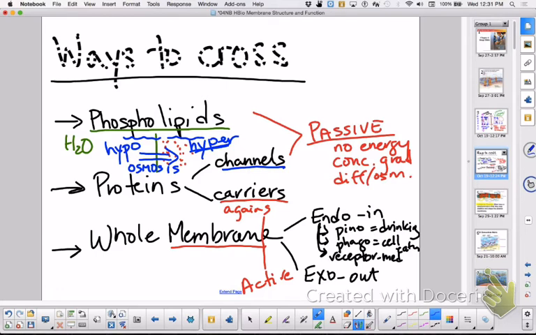So if you go against the gradient, like you would in a sodium potassium pump, that's active transport, and that requires energy. Taking the whole membrane and engulfing something, like endocytosis, or spitting something out, exocytosis, you're moving all of your cytoskeleton. That's going to cost you energy to move your cytoskeleton. Just having things ooze through your phospholipids, no energy.